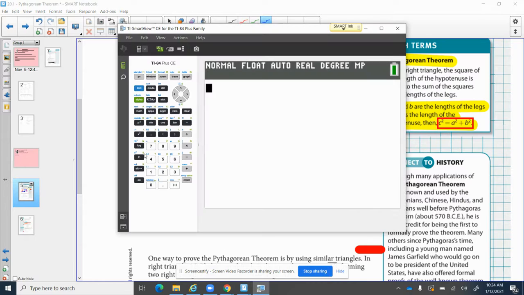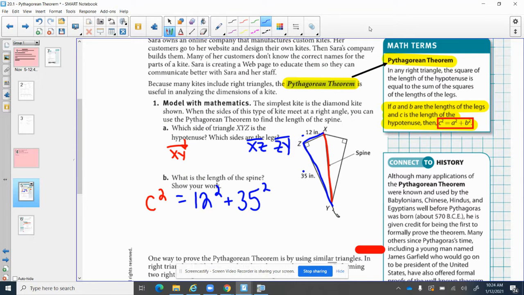Now, together, A squared and B squared, so 12 squared plus 35 squared, is 1,369. Now, our C value is currently squared, right?